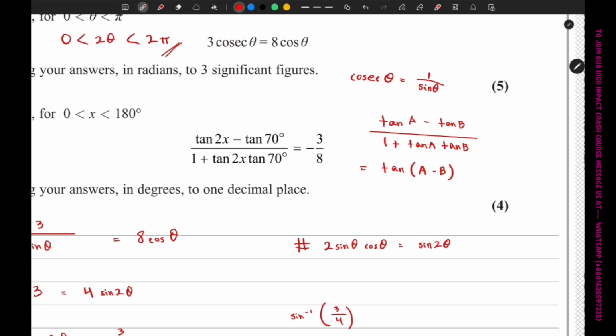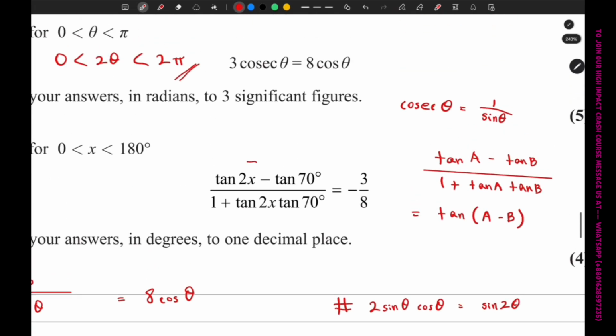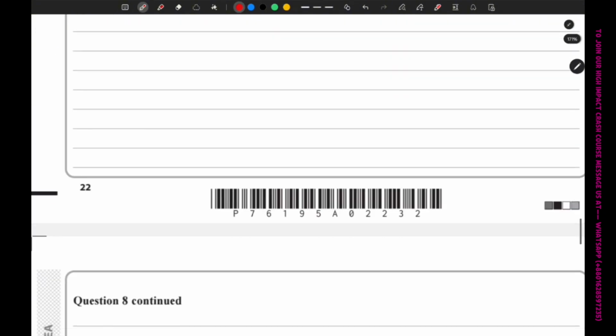You need to memorize this, or this is also given in the formula booklet of your answer script. Okay, so we can replace this with tan of 2x minus 70. So we can say that tan of 2x minus 70 is equal to negative 3 over 8.